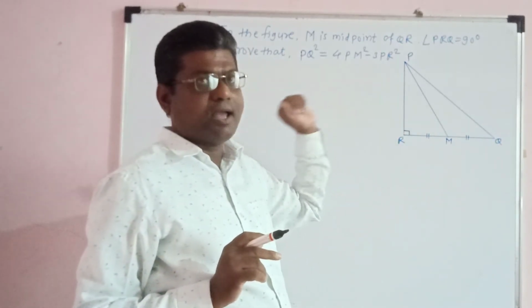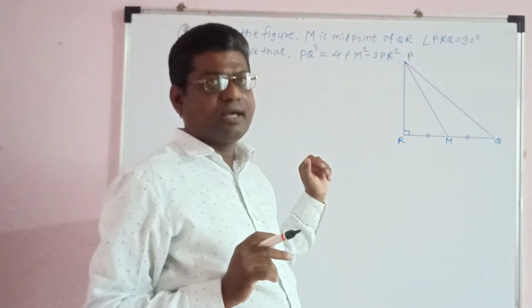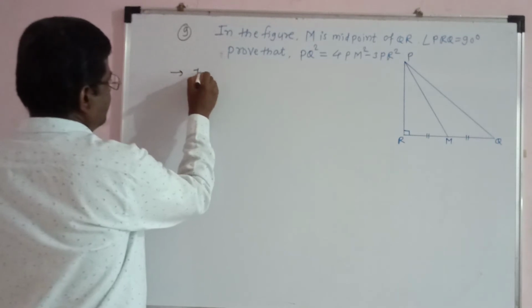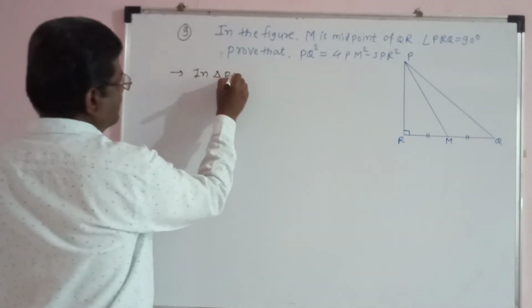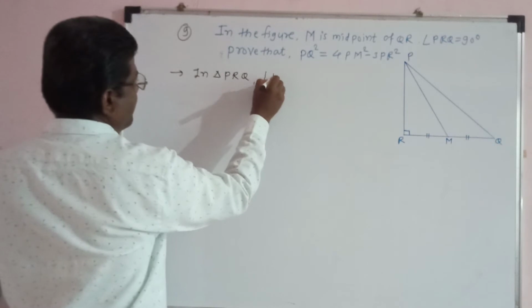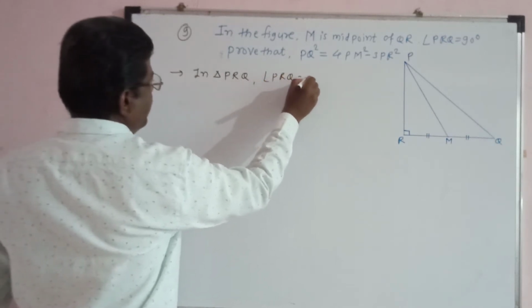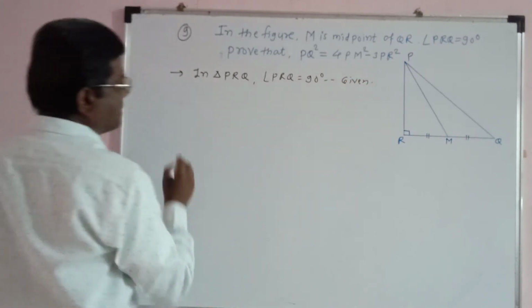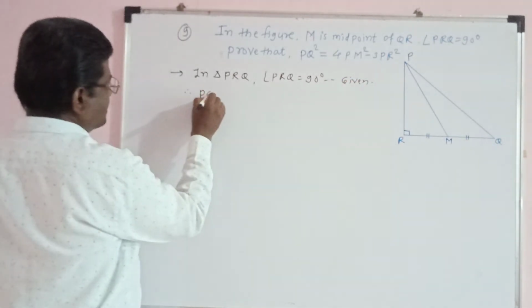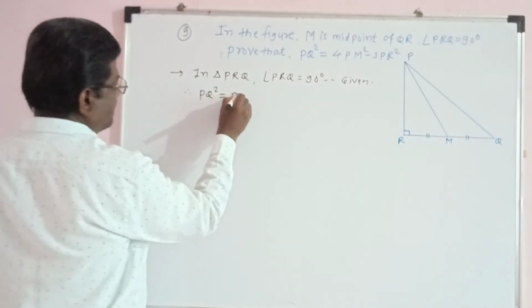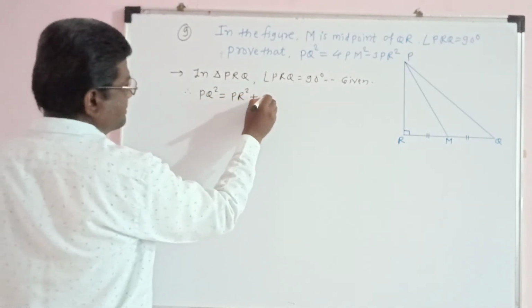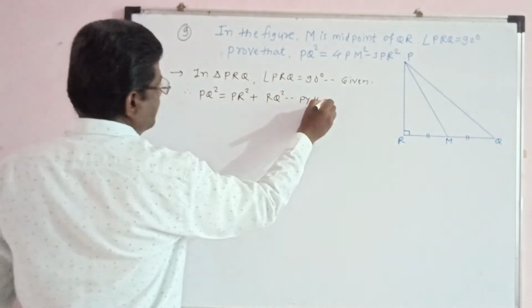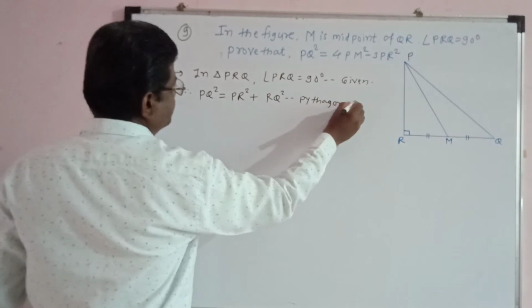So we can apply Pythagoras theorem for this triangle. Therefore we write, in triangle PRQ, angle PRQ is equal to 90 degrees. It is given. Therefore PQ square is equal to PR square plus RQ square, Pythagoras theorem.